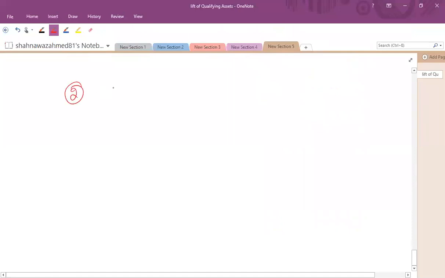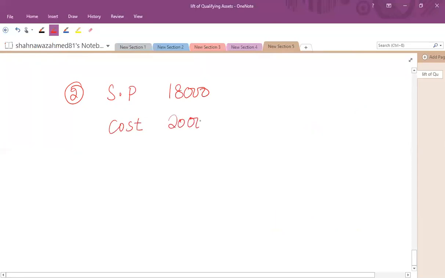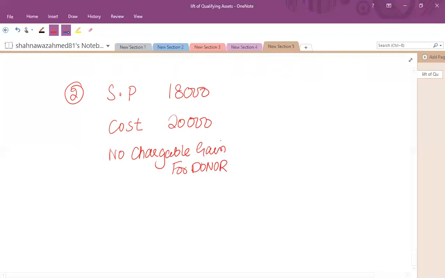Now scenario 2 where sale proceed is 18,000. Now in this situation, as cost is less than that, it means that there will be no chargeable gain immediately because cost is 20,000. So no chargeable gain for donor immediately. Though it's optional, donor can pay tax, but it's a normal situation now. For donor, there is no tax.